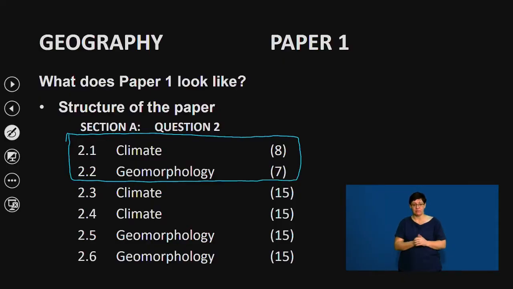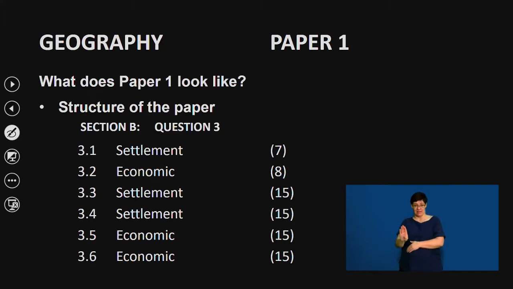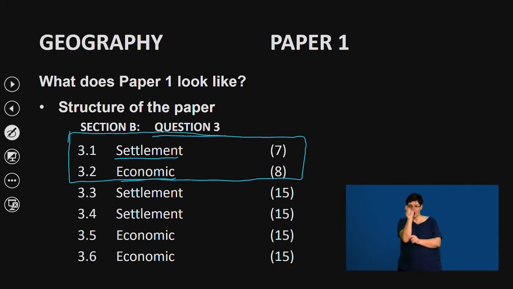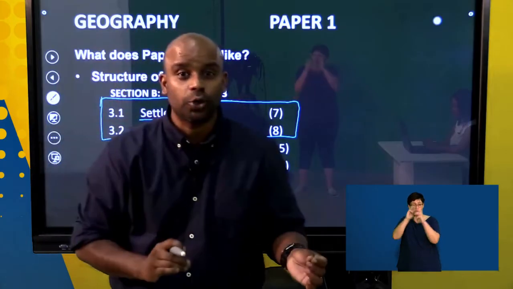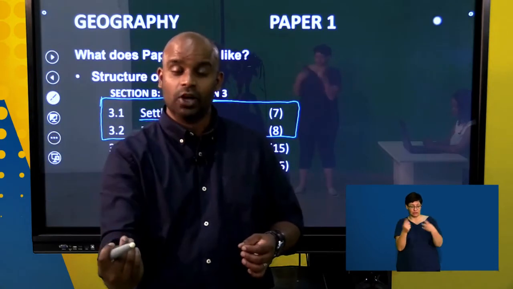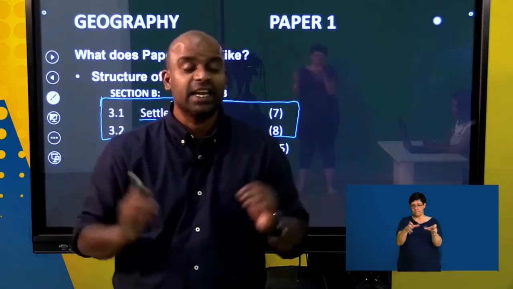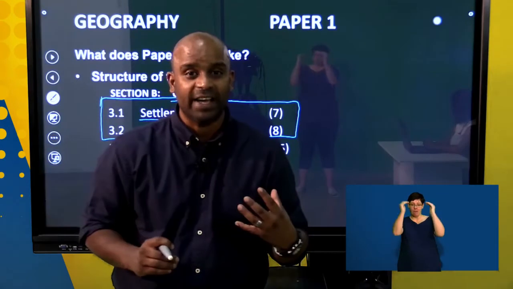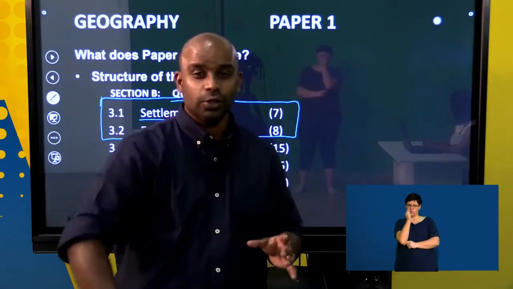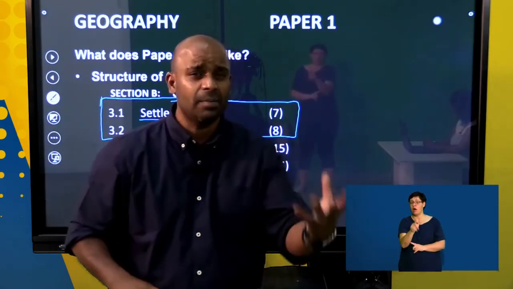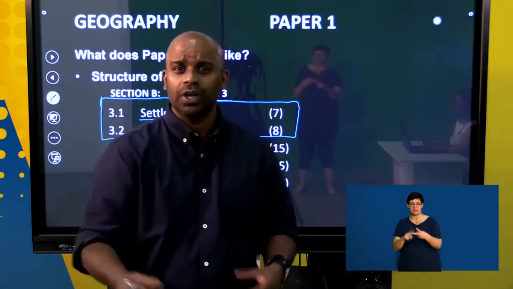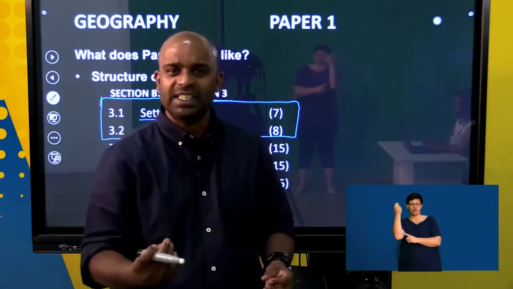Moving on to section B, remember the following. Section B comprises question 3. Again, the sections are settlement and economic, and again, examining terminology and concepts of geography in multiple choice, as well as column A, column B, and selecting the appropriate word within brackets. Think about it, guys. Those familiar terms like urbanization, urban growth, rural settlements, urban settlements.